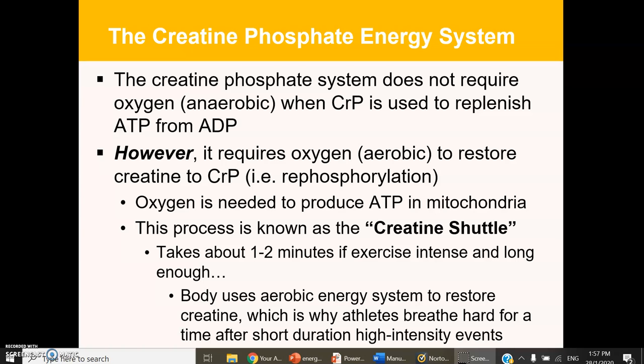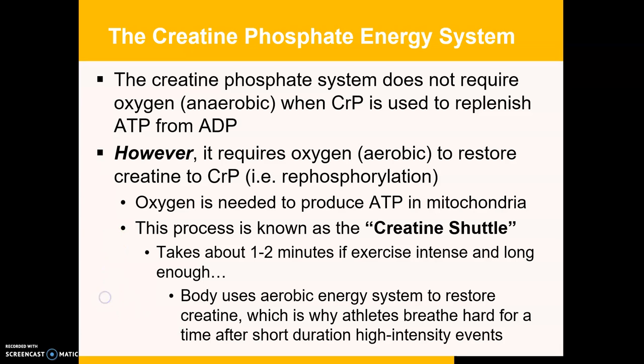This process is known as the creatine shuttle, where it takes about 1 to 2 minutes if exercise is intense and long enough, where the body will use the aerobic energy system to restore the creatine phosphate, which is why athletes breathe hard for a time after short duration high intensity events.